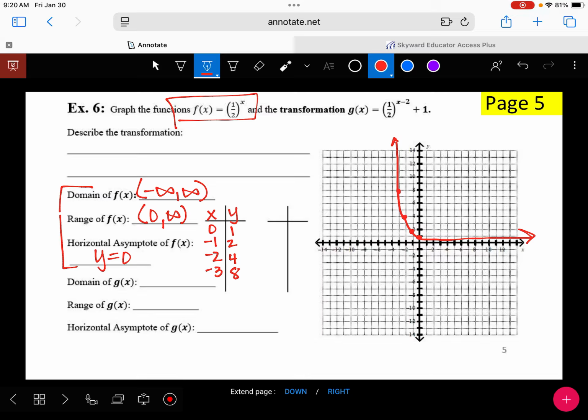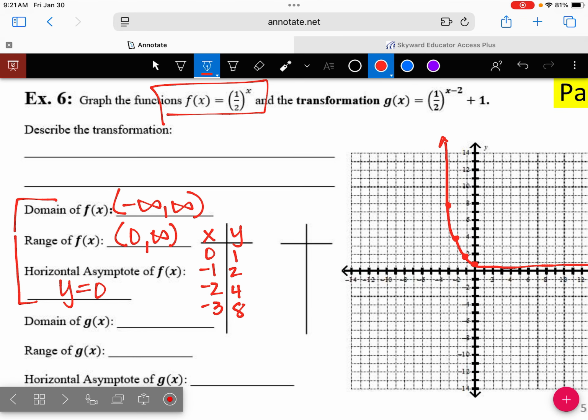Okay. So now let's look at our second graph. We got some transformations. Now they want us to take our graph. Two things are going to happen. The A value is still 1, so it doesn't reflect, stretch, or compress.